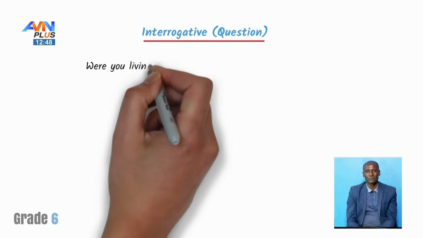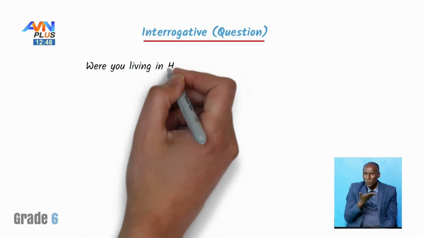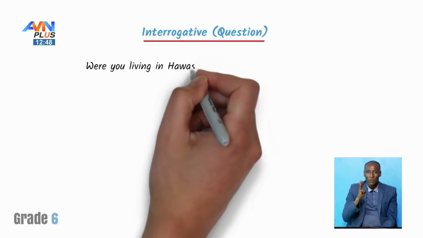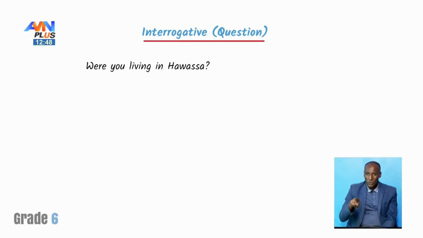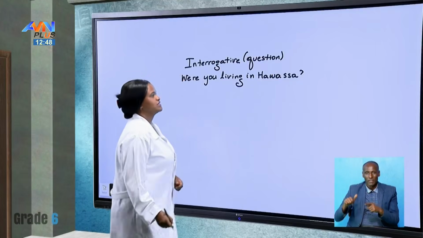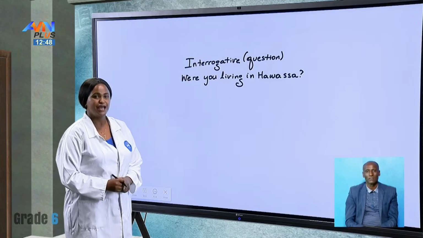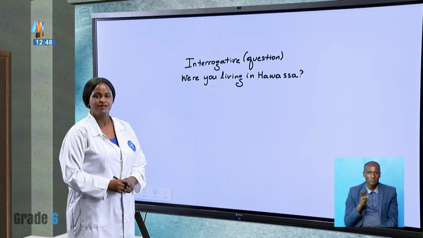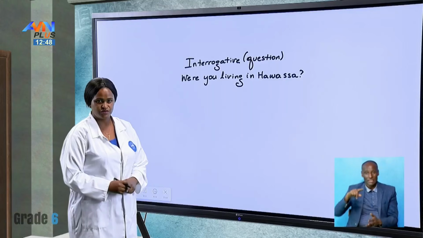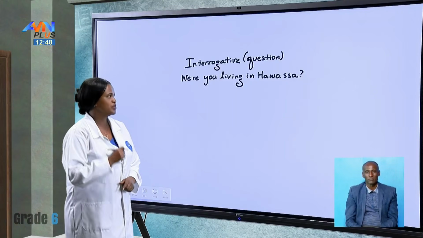Were you living in Hawassa? Look at this sentence. Were you living in Hawassa? That is interrogative, a question, right? Let me give you one more.